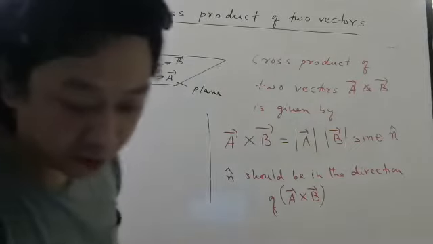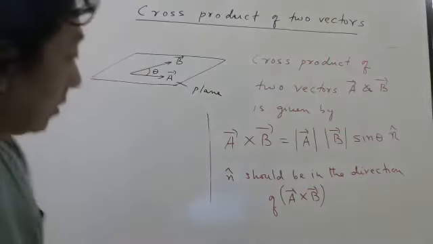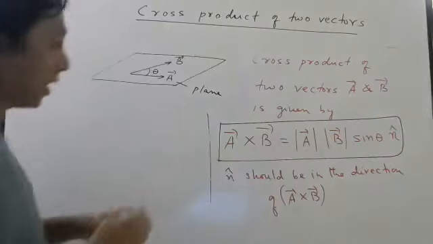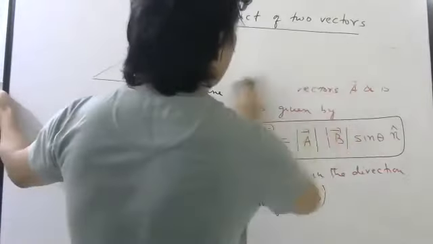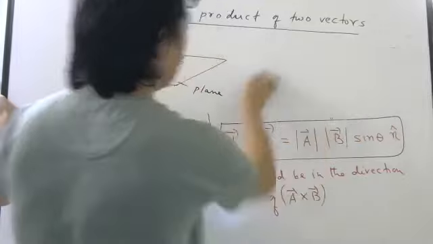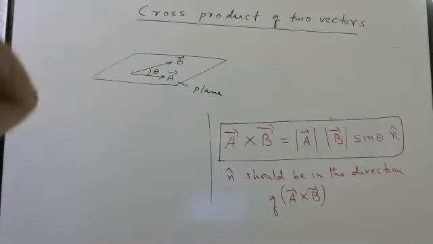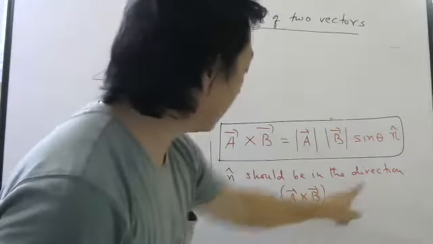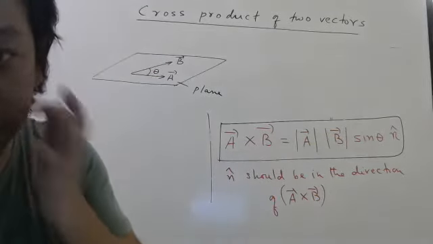So this is the definition. Please write the definition, everyone. Once you write, then only things will go in your head. So n cap is a unit vector in the direction of this vector, and that we have to learn how to find.